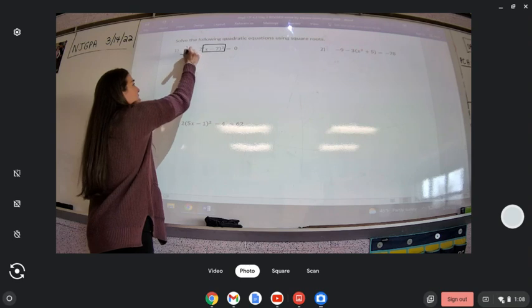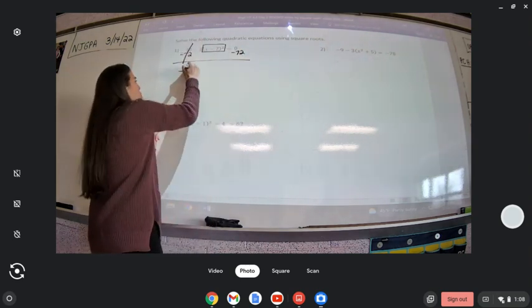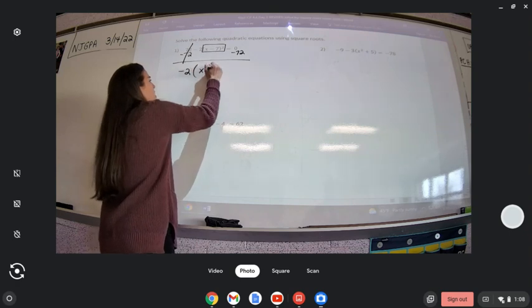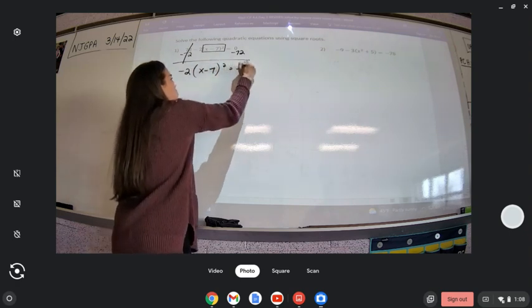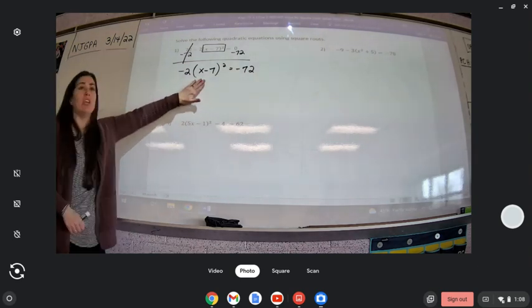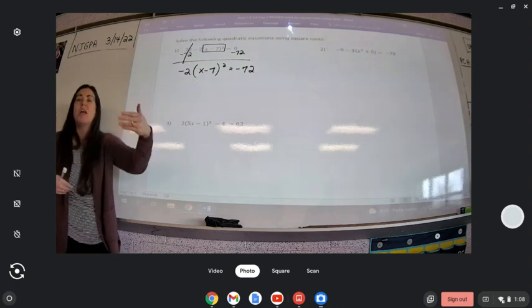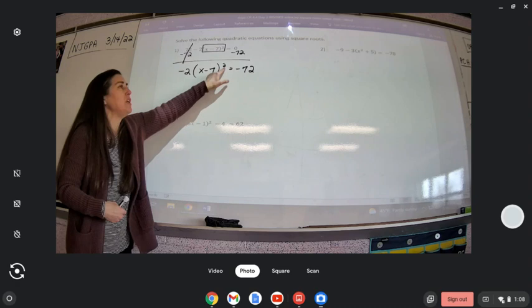So we'll minus it to cancel it out and move it over here. Now we have -2 times the quantity x minus 7 squared equals -72. Now be careful, because a lot of times when you have a number attached to a parenthesis, you have been trained to get rid of those parentheses by distribution. But guys, this parenthesis is being squared.